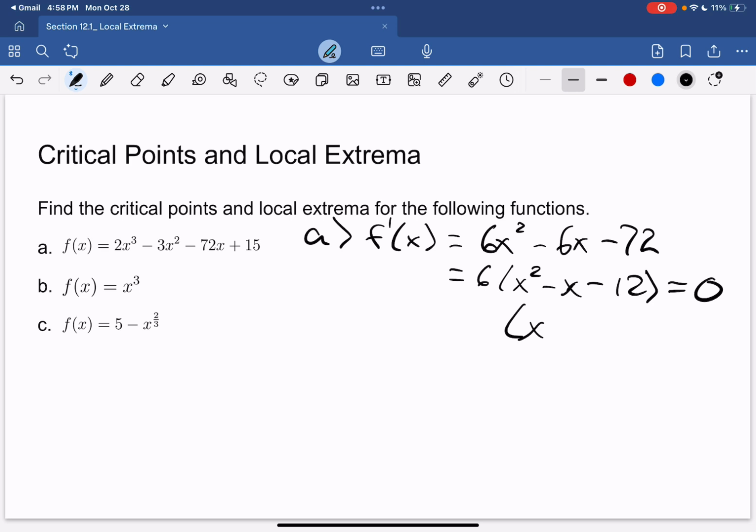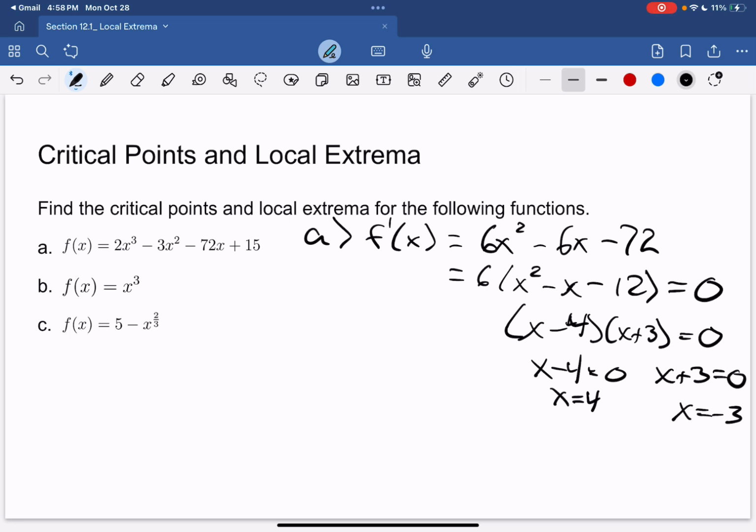So this factored would be equal 0. And so then solve it. So x equals 4 or x is equal to -3. Okay, so these are the critical numbers, 4 and -3.